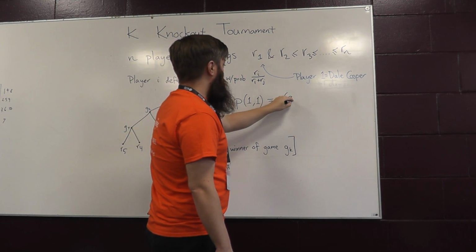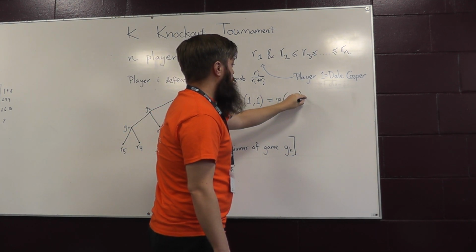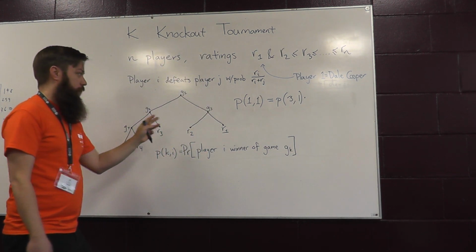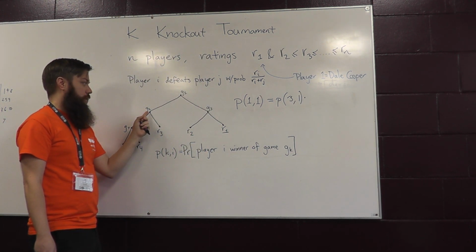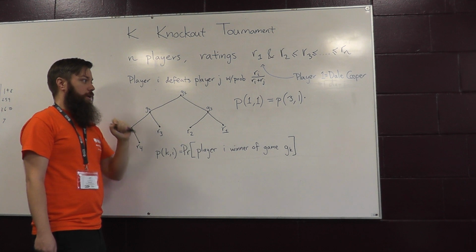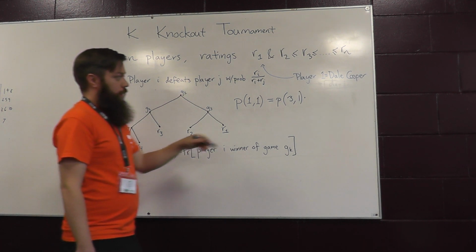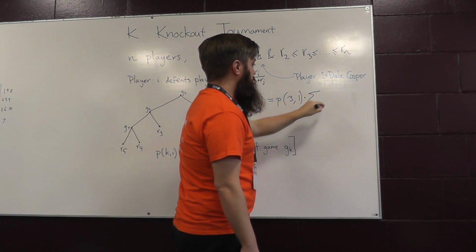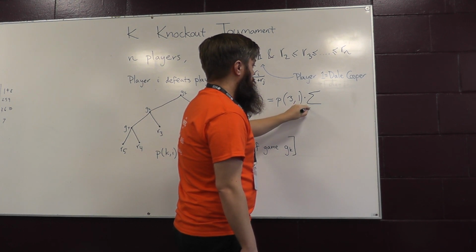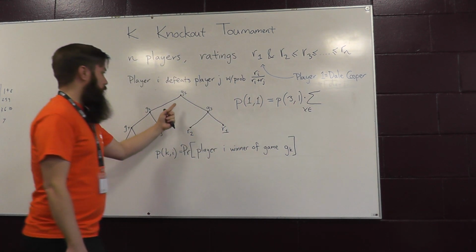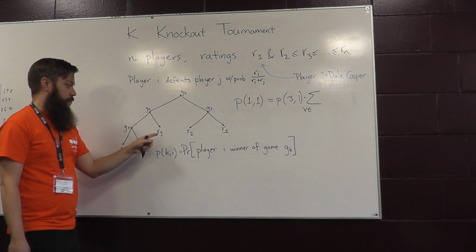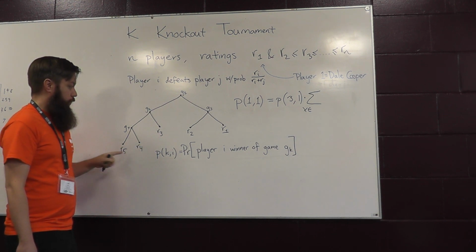So it's the probability that he comes out on top there, times the probability that he defeats whoever he faces in the root game. We sum over all possibilities for who he can meet: 3, 4, or 5.